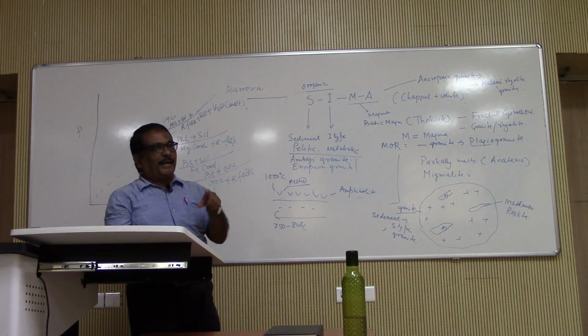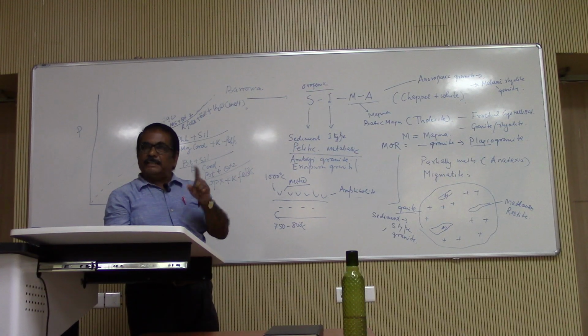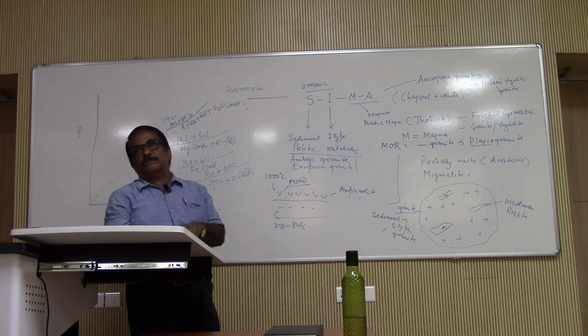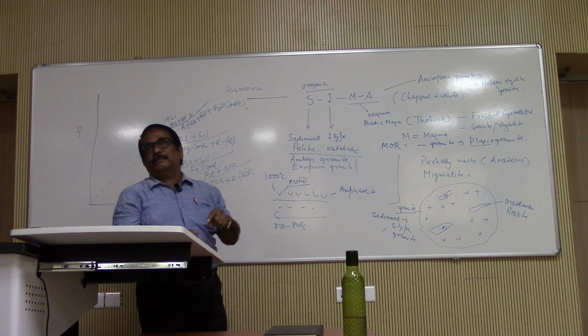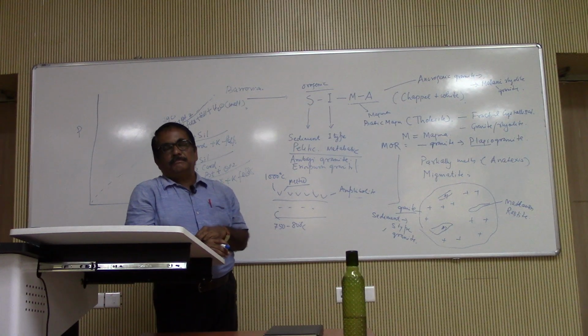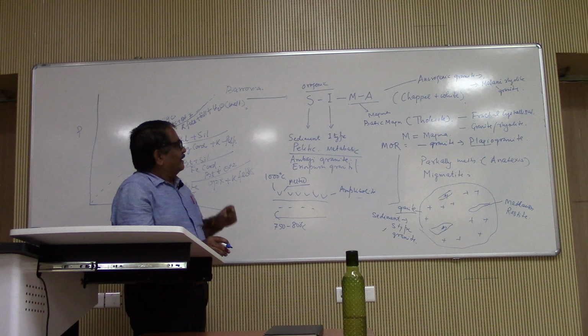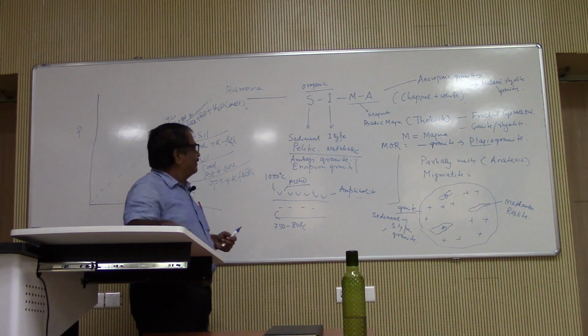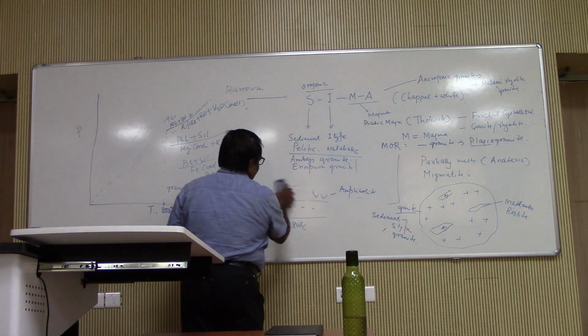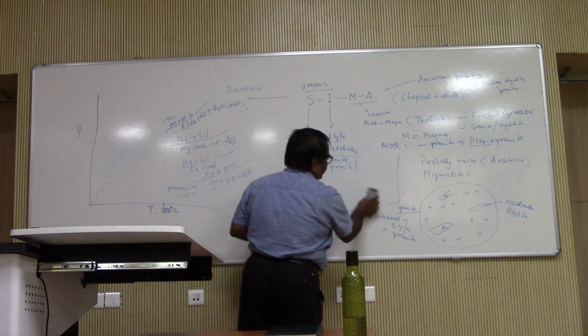S type granite, I type granites. S is sediment, I is igneous. Igneous मतलब basic rock. Melting, but process is melting. समझा कि नहीं समझा?